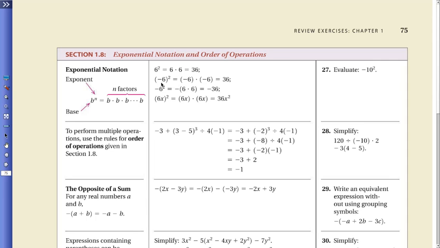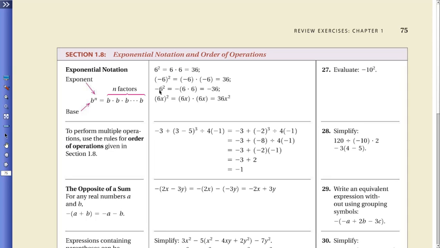If I have negative 6, notice the grouping symbols here, and this is really where a lot of errors happen, to the 2 power, that means negative 6 times negative 6, which is positive 36.